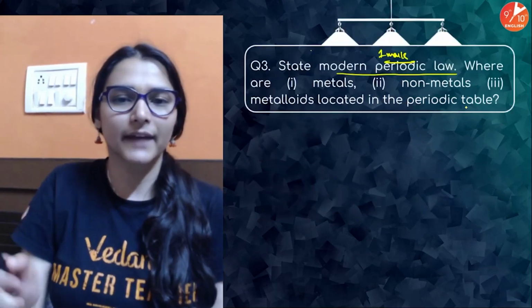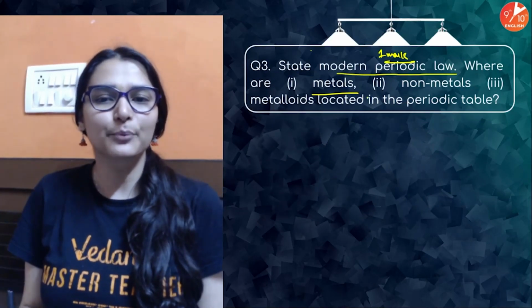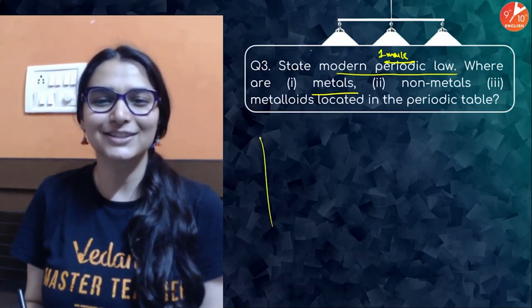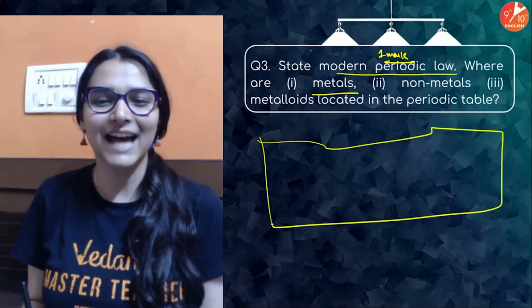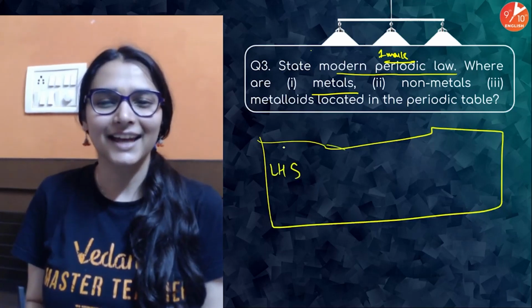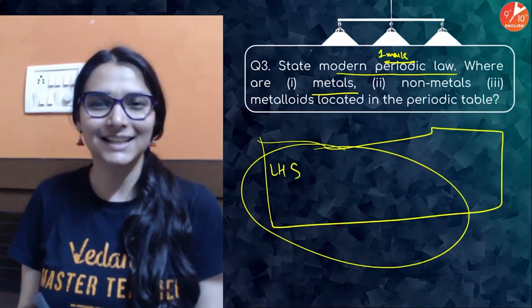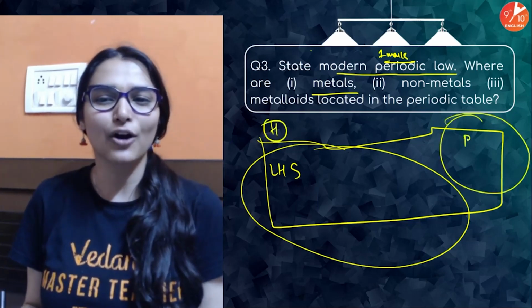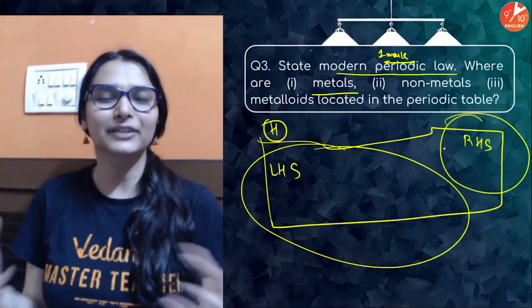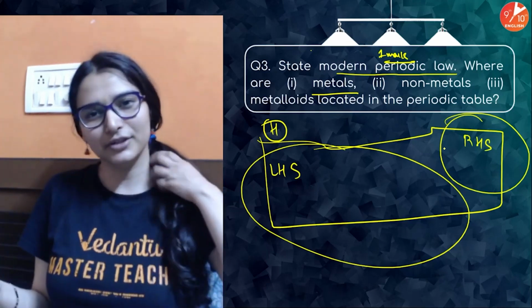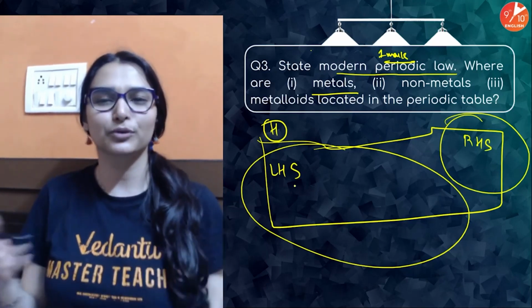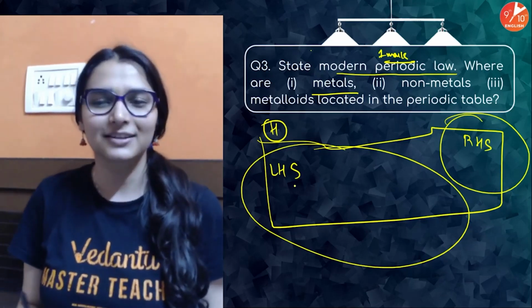Okay. Next part. Where are metals placed in the periodic table? Metals are placed on the left hand side, right? This area is the area of metals. The exception is hydrogen. Non-metals are on the right hand side. You have chlorine, nitrogen, sulfur, phosphorus, and among metals you have sodium, potassium, magnesium, calcium, rubidium, cesium, right?